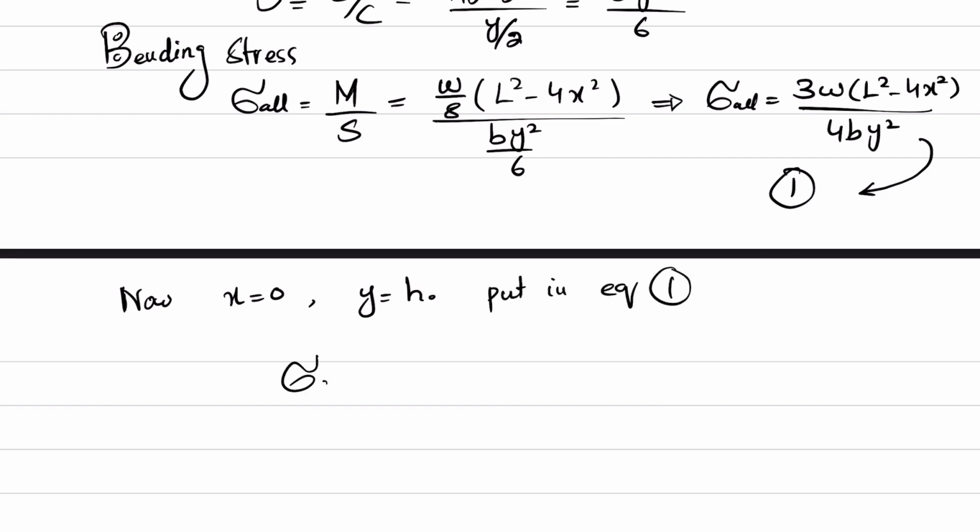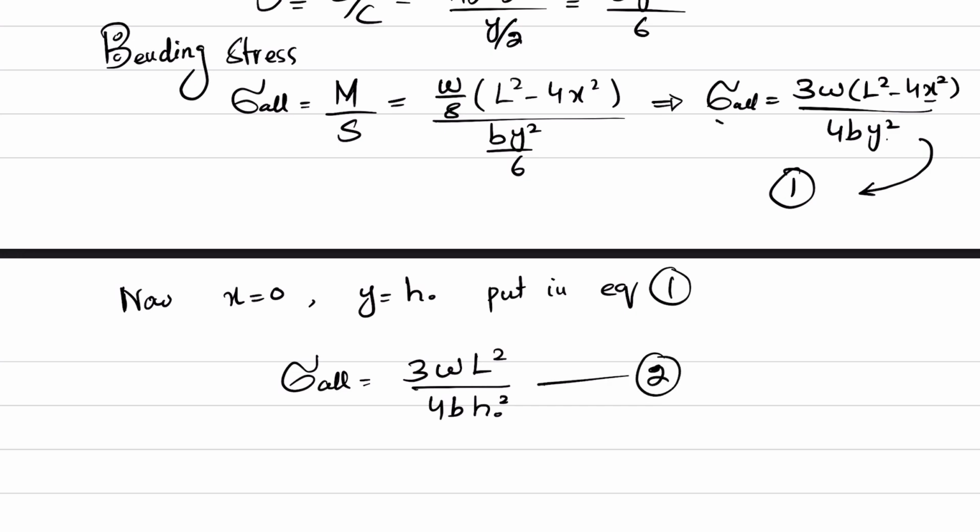When you put it in equation 1, sigma allowable will be equal to 3w l square minus 4 into 0, which is 0. So it will be the same 3w l square over 4 b h naught square. Let this be equation number 2.